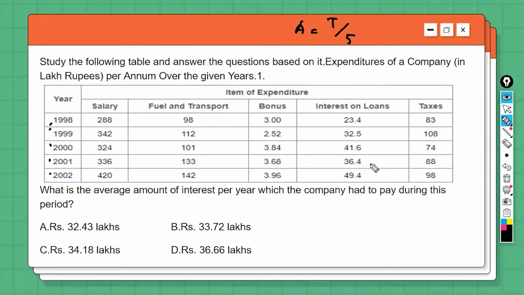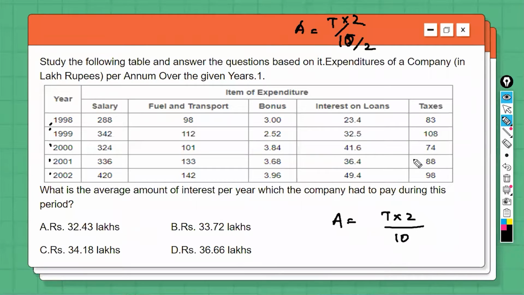Or, here, this 5 can be written as 10 by 2. Average will be something like this: total into 2 divided by 10.